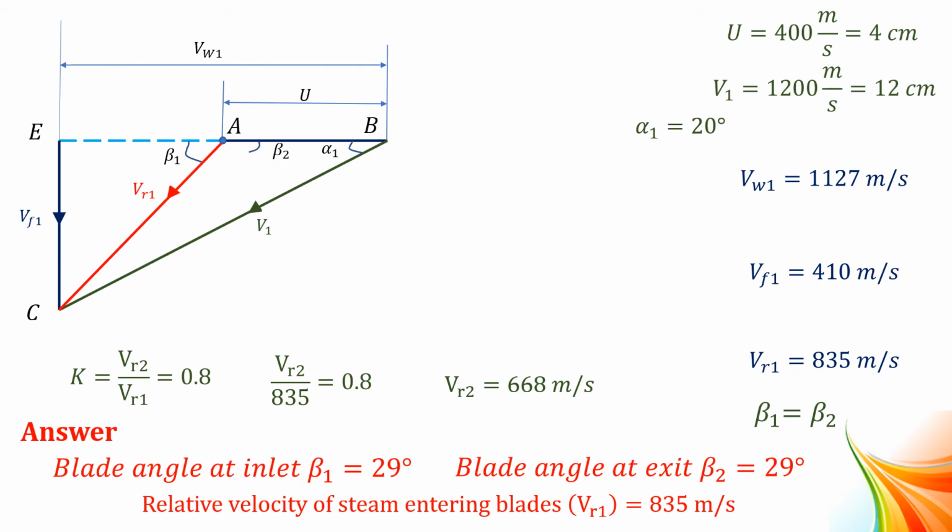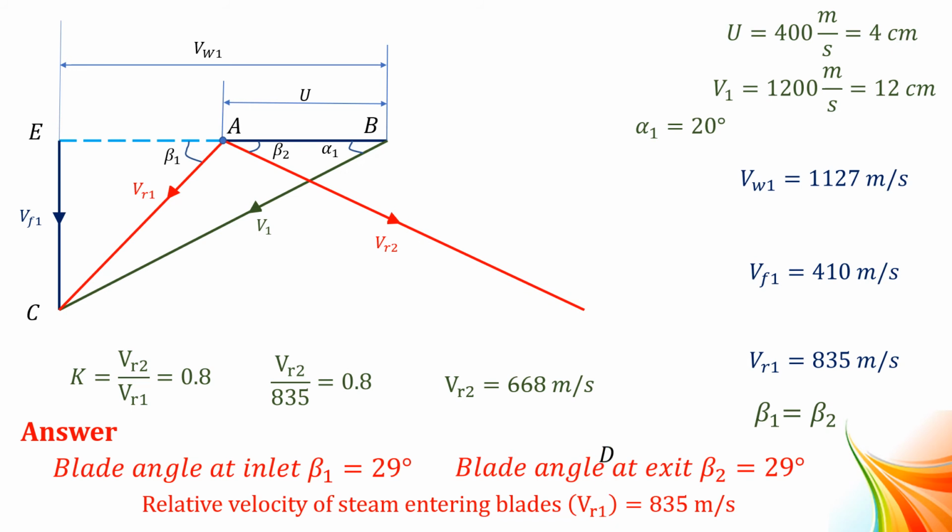Now, we take an angle of beta 2, draw a line, and the length of the line will be equal to 6.68 centimeter. That means 668 meters per second.